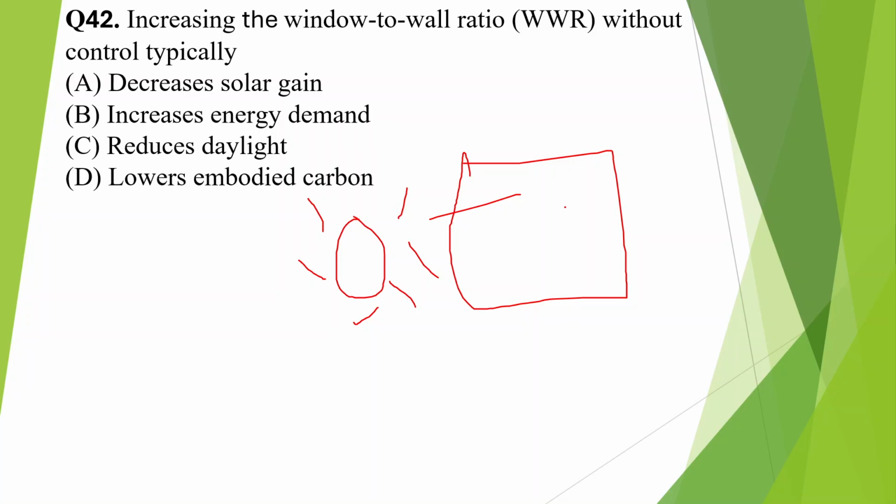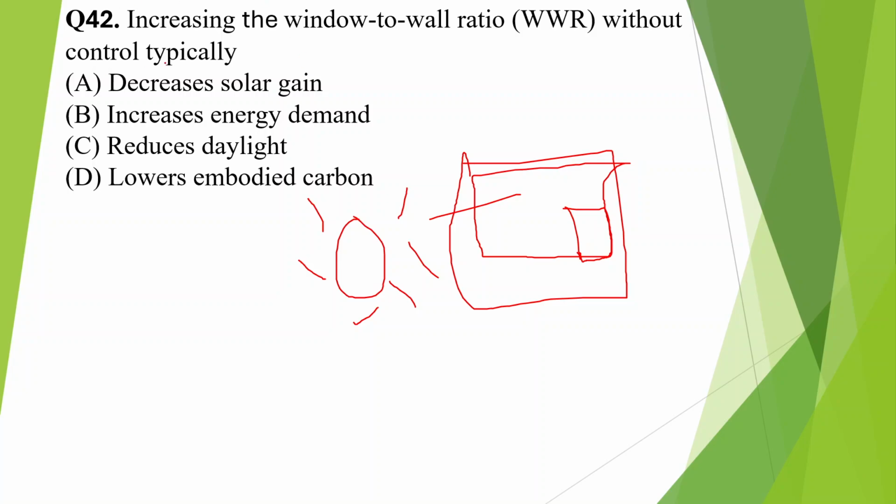If you have only this much window to wall ratio, but if someone has this much, uncontrolled, without any control, or a very high window to wall ratio, then for sure, it's not asking whether it is in a colder region or some other tropical region, it's just asking you the general case. If it is in another region, then some specific option or answer may be considered.